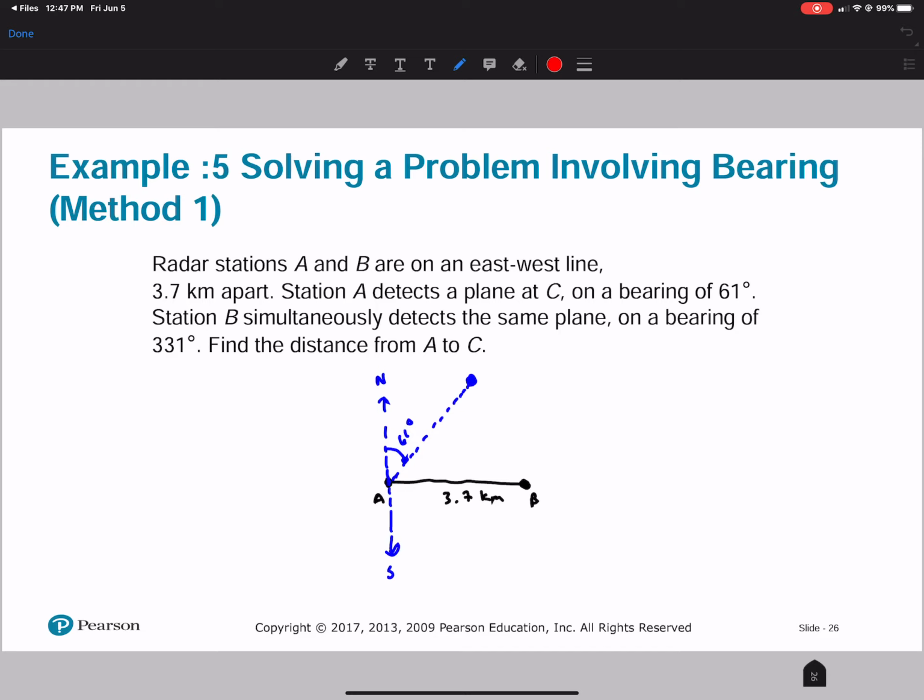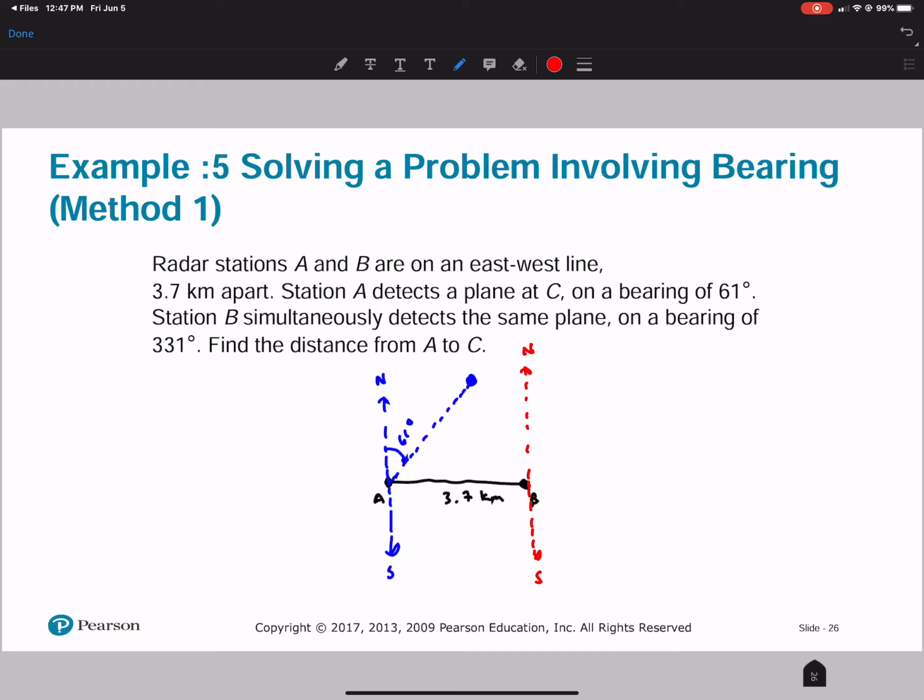If we draw our poles from here, this is north and this is south. It says Station B simultaneously detects the same plane with the bearing of 331.